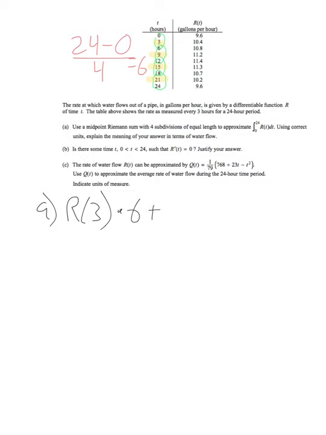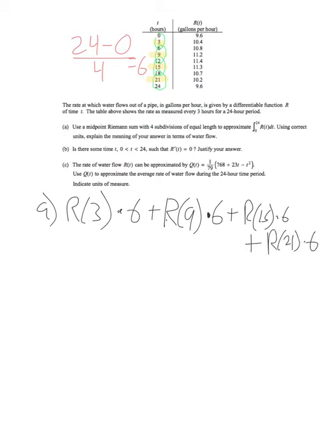Plus my next one from 6 to 12, but to find the height I'm using the midpoint, so that's R of 9 times a width of 6, plus again R of 15 times 6, and then, sorry, running out of room, plus R of 21 times 6.